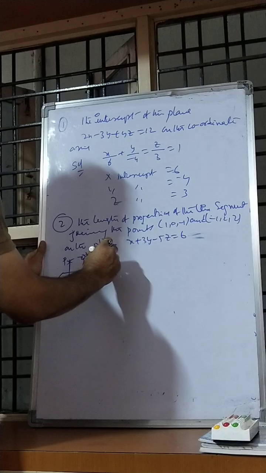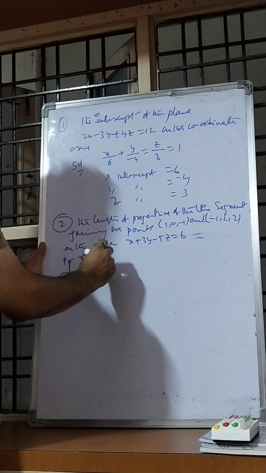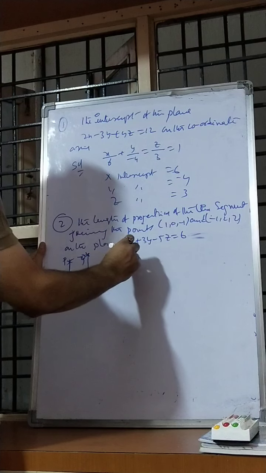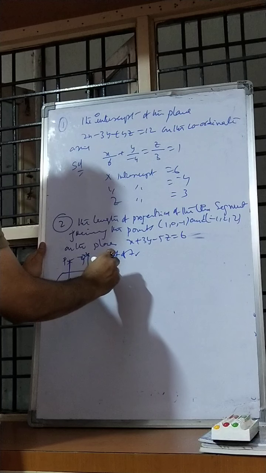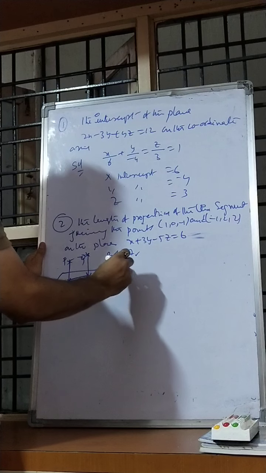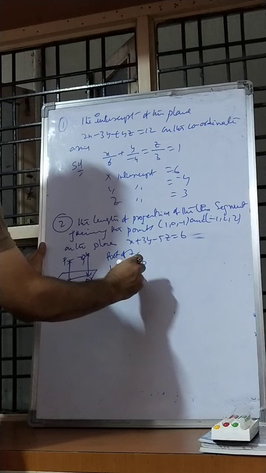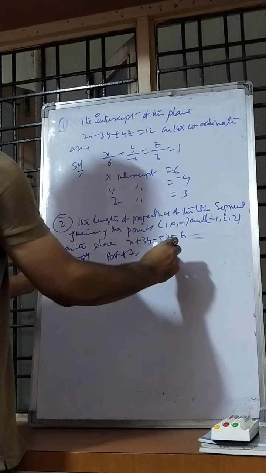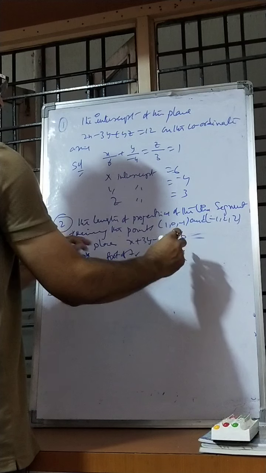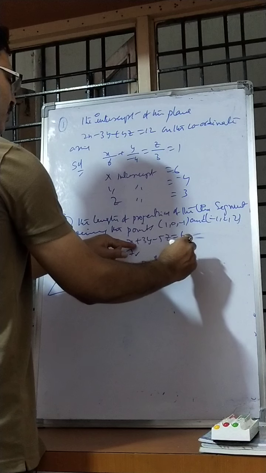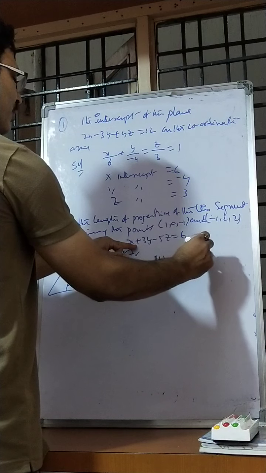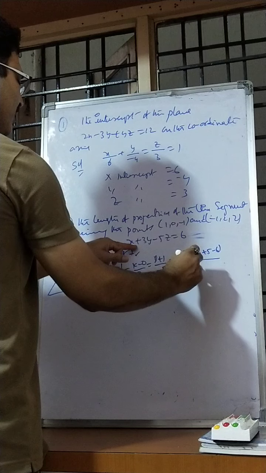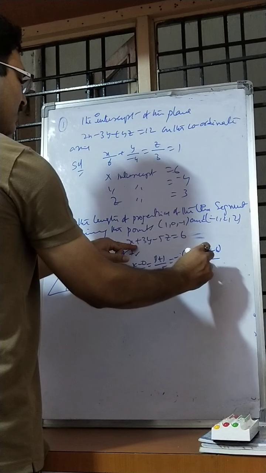Now I use the foot of perpendicular formula: (h minus 1) by 1, (k minus 0) by 3, and (L plus 1) by minus 5 is equal to the foot of perpendicular value; just substitute the point, (1 plus 0 minus of minus 1 minus 6) divided by 1 plus 9 plus 25.